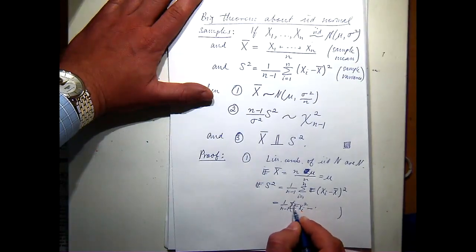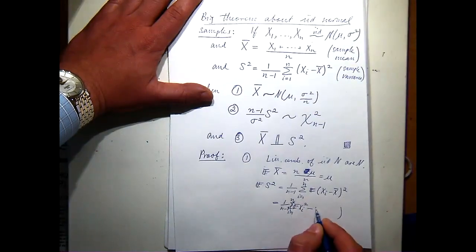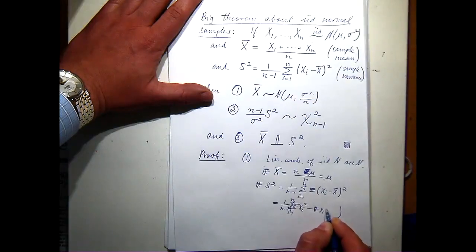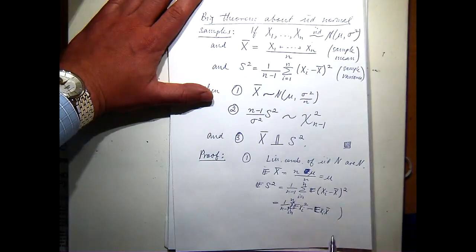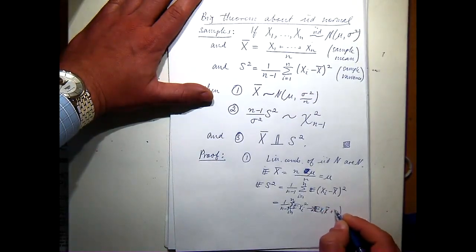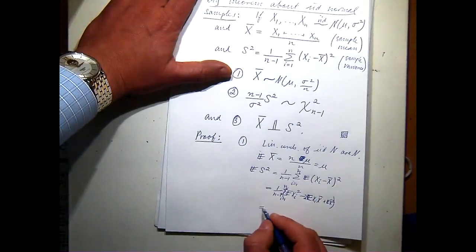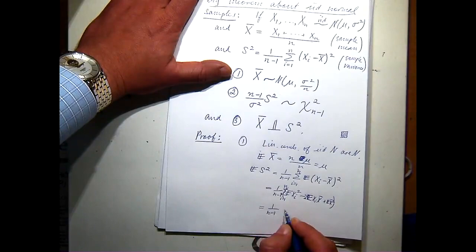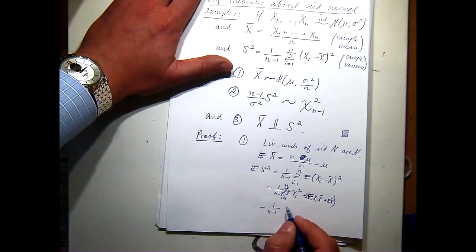So there's still the sum i equals 1 to n of expected xi squared minus the expected value of xi x bar. Now don't get into the trap of assuming that x bar can be taken out the front because it's the mean. It's the sample mean, but that is a random variable, so it still needs to be taken into account. So that's minus 2 plus the expected value of x bar squared. I'm sure there would have been a quicker way, but you can just evaluate this.